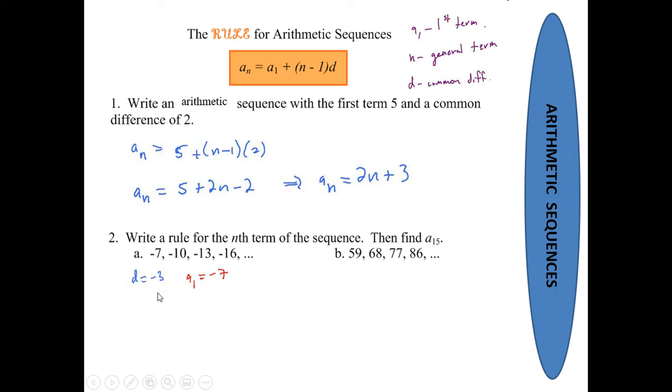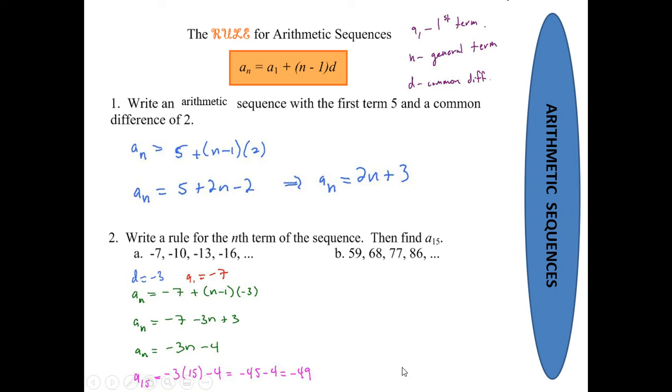So if my d is -3 and my a sub 1 is -7, then I could write this as a sub n is equal to a sub 1, which is -7, plus n minus 1 times d, which is -3. And I could rewrite this and combine like terms. A sub n is equal to -3n minus 4. And then a sub 15 would be equal to -3 times 15, minus 4, and that turns out to be -49.